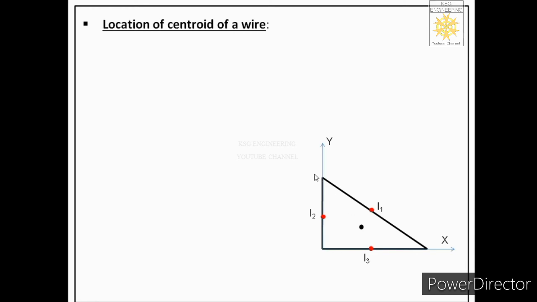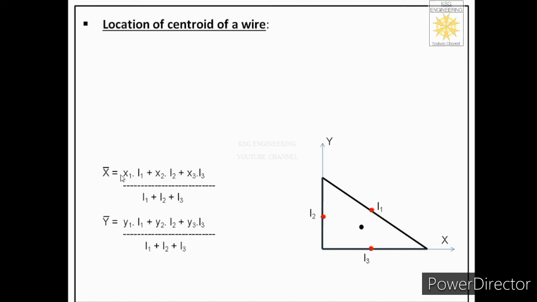Now if we want to find the centroid of this particular shape made up of 3 wires, then we can apply this formula. Again, similar formula we have applied in order to find the distance of the centroid of this shape from y-axis, that is x bar. So x bar will be written equal to x1, that is the distance of centroid of wire 1 from y-axis, multiplied by the length of wire 1 plus x2, where x2 is the distance of centroid of wire 2 from y-axis, and multiplied by its length.